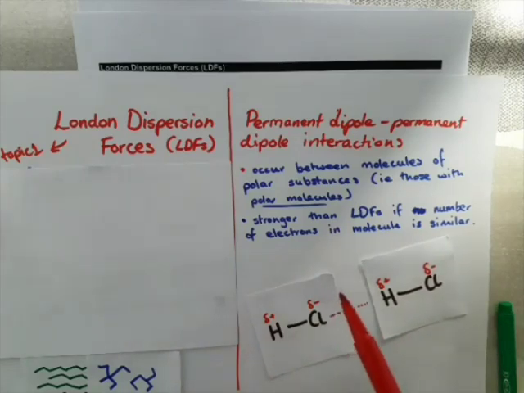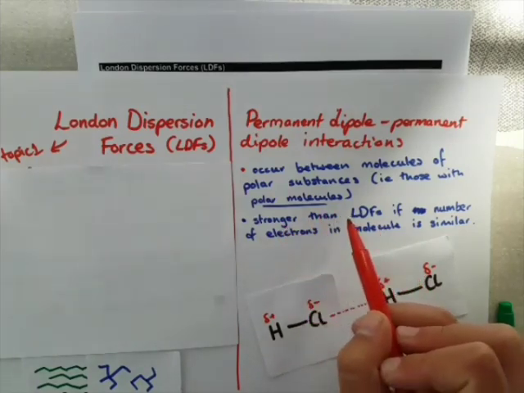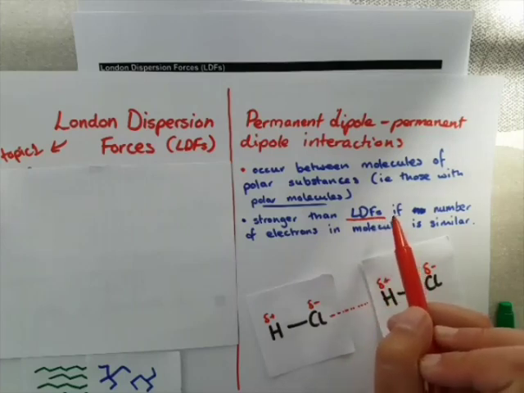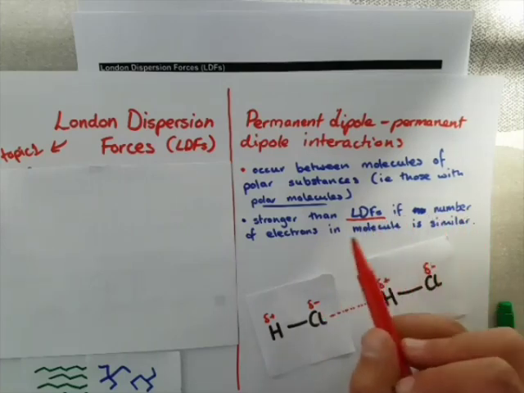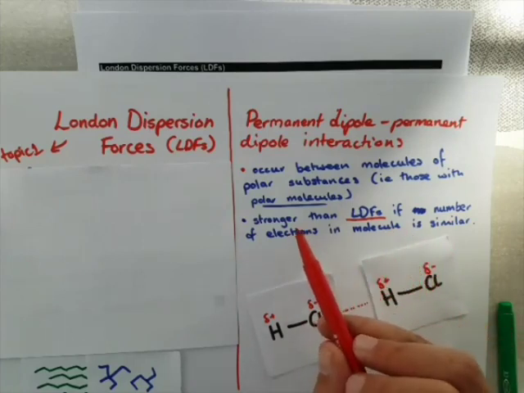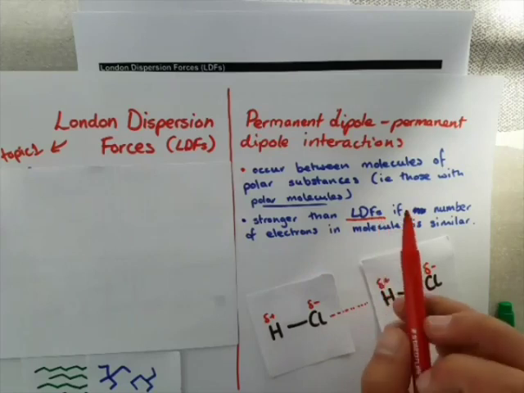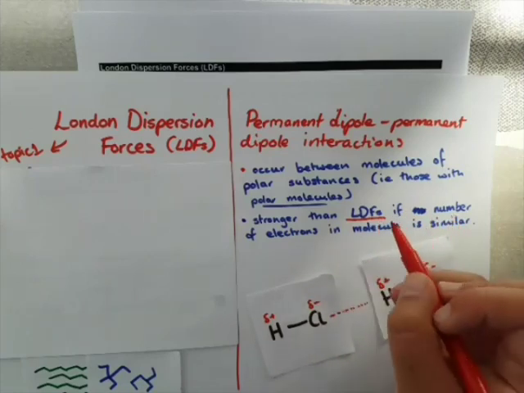Because these dipoles in polar molecules are permanent, this is a stronger type of intermolecular force than London dispersion forces. At least, that applies as long as the molecules that we're comparing have similar numbers of electrons. So permanent dipole interactions are stronger than London dispersion forces if the number of electrons in the different molecules is similar.